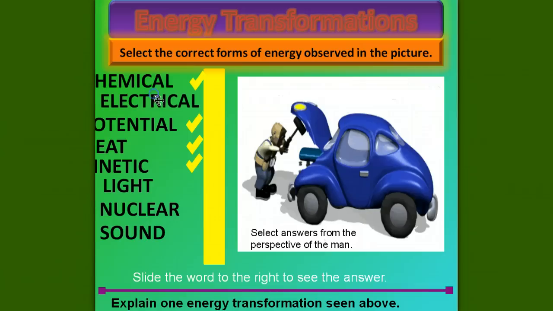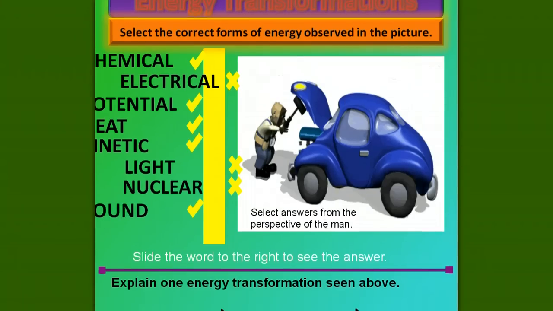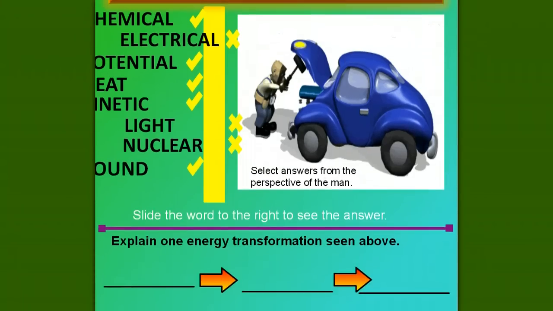What about nuclear? Is he about to go boom? No, that one wouldn't be right. What about sound? Do you think he's going to make some sound whenever he bangs there? Sure will. All right, now look below and explain one energy transformation that we see.